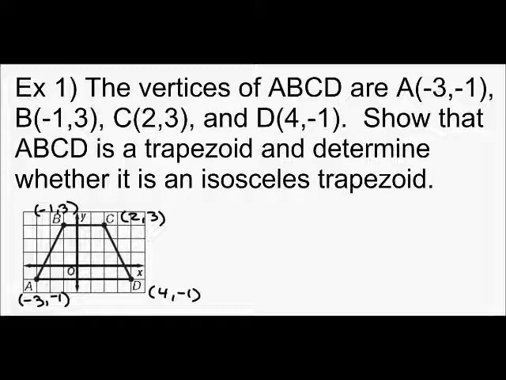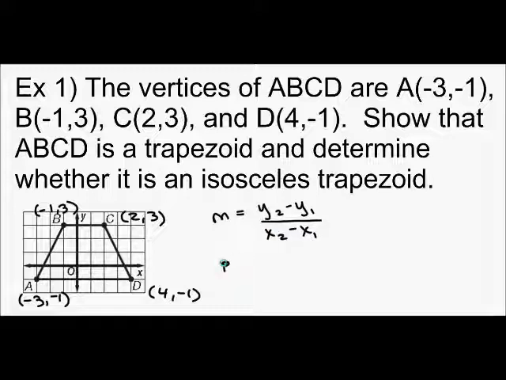Well, the definition of trapezoid is that there is exactly one pair of parallel sides. So I'm going to look at the slope of opposite sides. Remember, our slope formula is m equals y2 minus y1 over x2 minus x1.